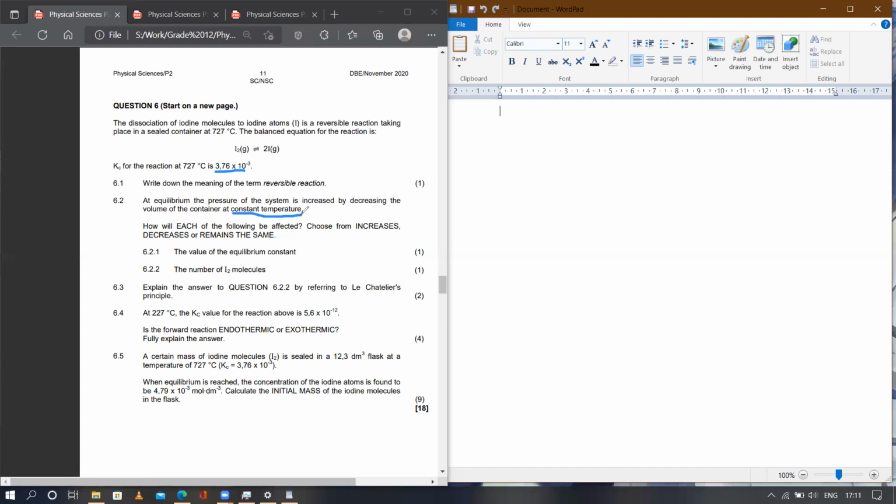So when you increase the pressure, you're going to favor the side with more moles. So since you're going to favor the side with more moles, that means the iodine atoms will increase. So the number of iodine molecules is going to decrease.